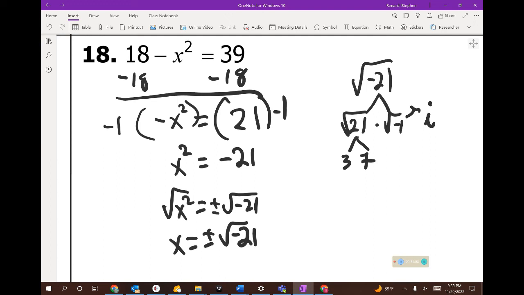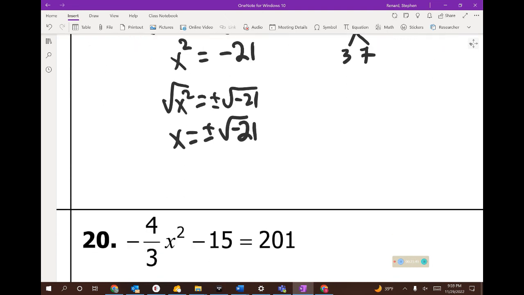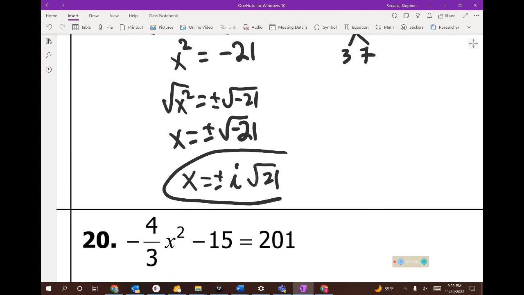There's no pair of 3s. There's no pair of 7s. So the only thing we can really reduce it with is this i right here. So x equals plus or minus i radical 21.